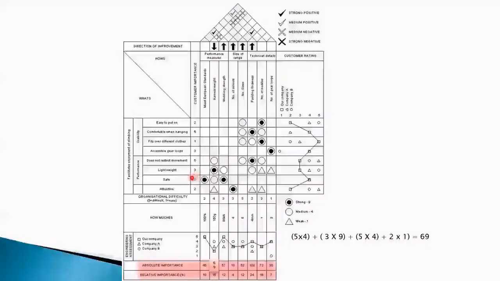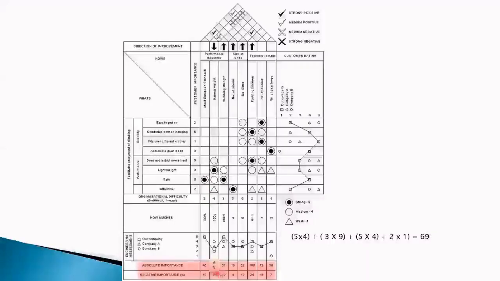This is the level of importance given by the customer. By multiplying those two, we can recognize the absolute importance. Here 5, here 9. 5 multiplied by 9, you get 45.